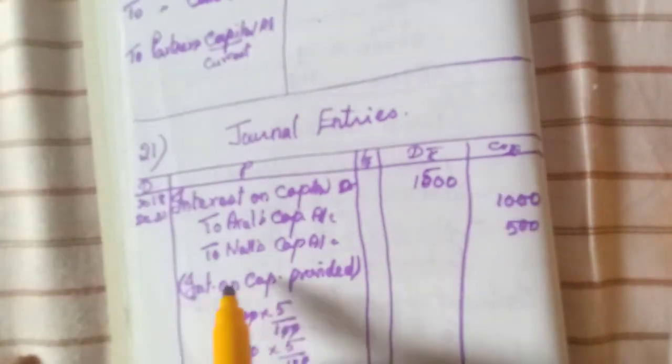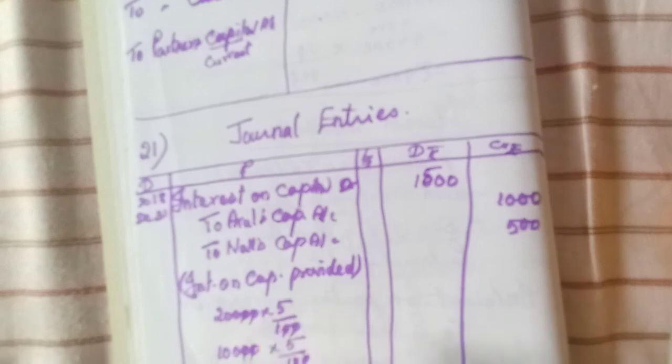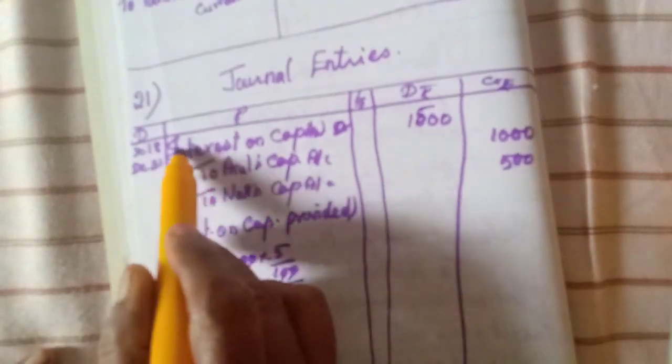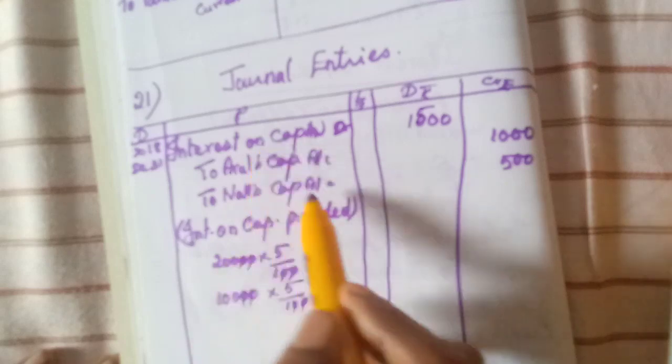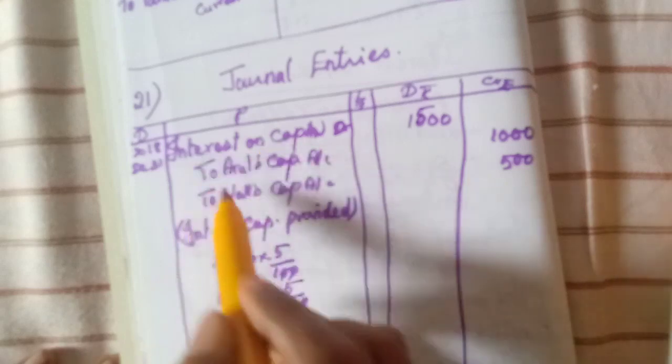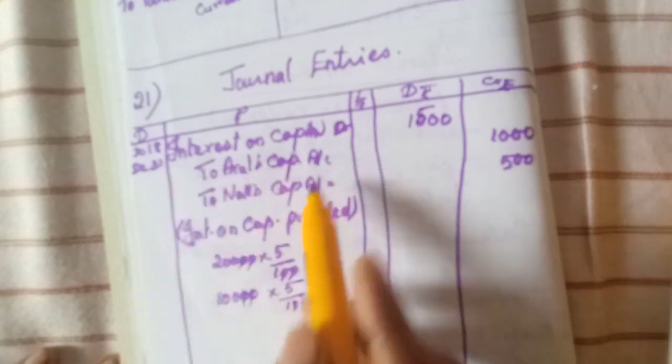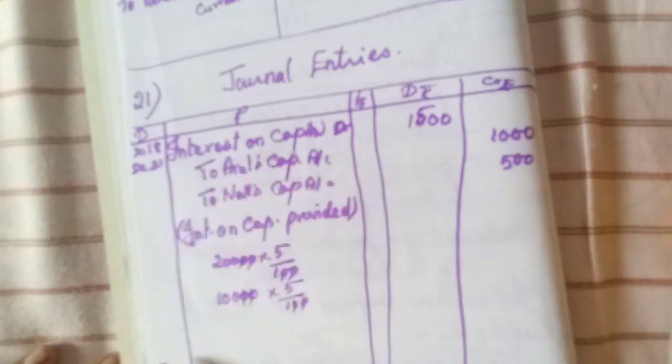Now this must be transferred to profit and loss appropriation account. So interest on capital should be credited because now it is debited, we need to credit. So what should be debited? Profit and loss appropriation account. The same date, 31 you can write.